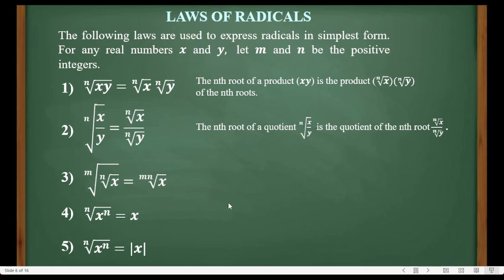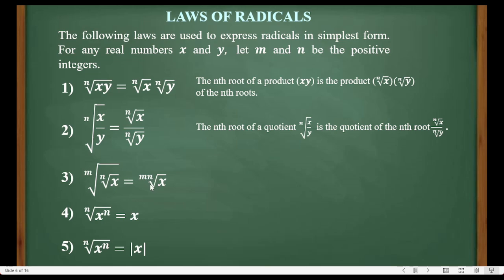And for the third law, you will notice that the left side is a nested radical. The mth root of the nth root of x is equal to the mnth root of x. So basically, the two different indices are to be multiplied, whose product would be the index of the answer.